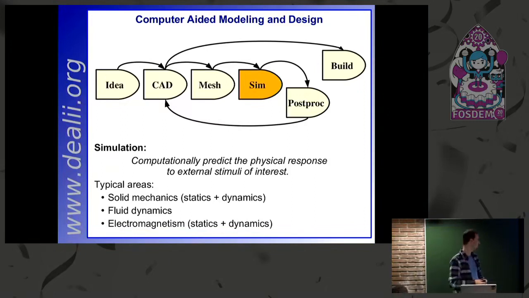The second area is fluid dynamics. So you want to see, for example, how does water go through a pipe? Are the pressures within an acceptable limit, and so on and so forth. And then the third one is electromagnetics. If you design an antenna, for example, then you would simulate how the electromagnetic field emanates from the antenna in the exterior. So all three of these can be simulated with the finite element method.